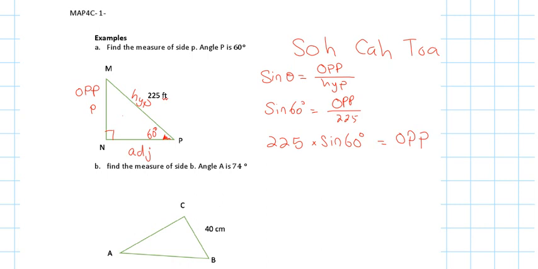So it becomes 2 to 5 times sine 60, and that equals the opposite. Can you do that on the calculator for me? 194.8. What's after that 8?